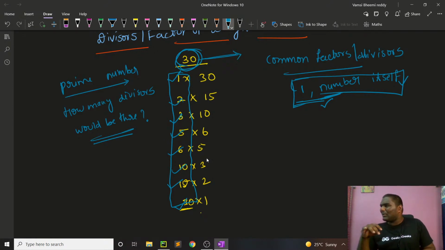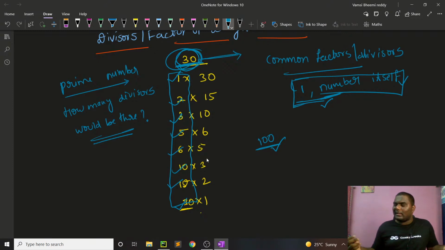No, no, it depends upon the number. Let's say if I give 100, how many divisors am I going to get? So it depends upon n, the number the user is giving.